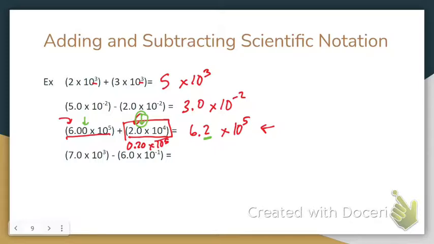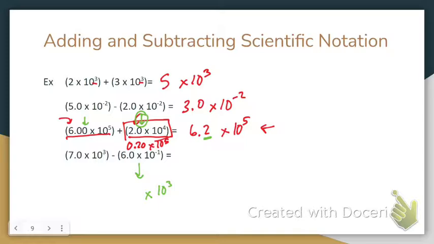All right. And then taking a look at this one, this one's interesting. I have 7.0 times 10 to the third minus 6.0 times 10 to the negative 1. Remember, I usually take the smaller exponent and move it up. This is going to be a little tricky because I'm going from negative 1 to 3. As I convert this, I want something times 10 to the 3.